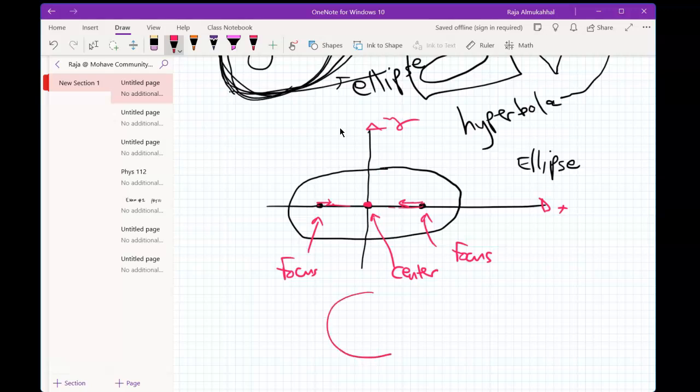What I'm trying to say is, a circle, which, as you know, only has one point, the center of the circle, is actually a special case of the ellipse where those two foci meet at the center. More on this.